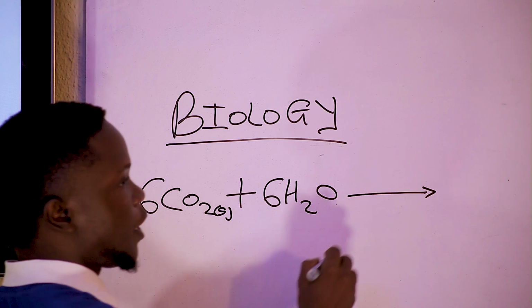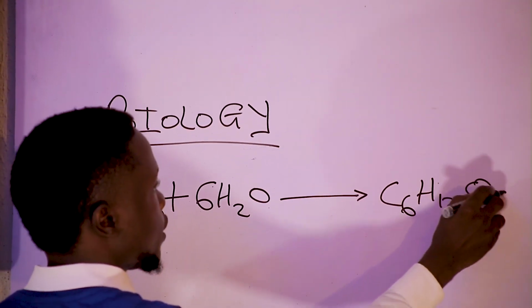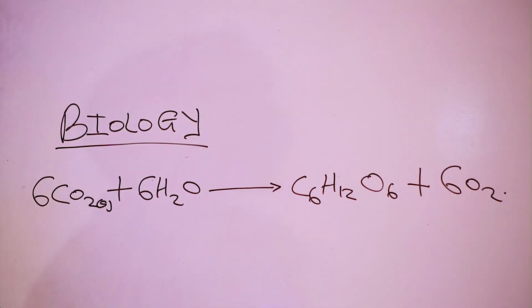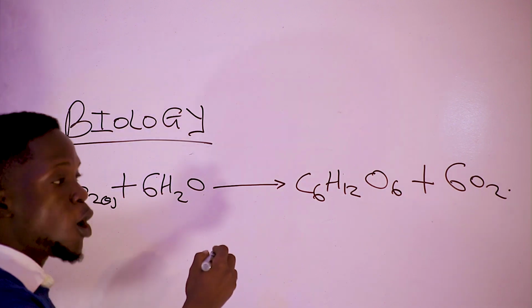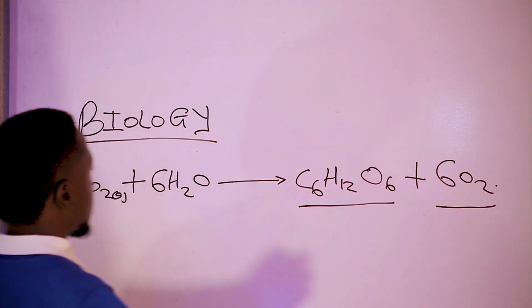Now, this will give us C6H12O6 plus 6 molecules of oxygen. So, from this equation, we can see that the byproduct of photosynthesis is glucose and oxygen.